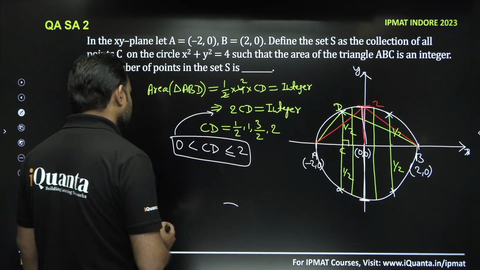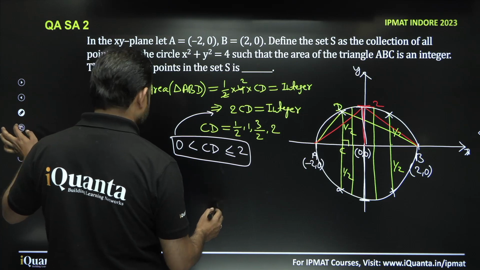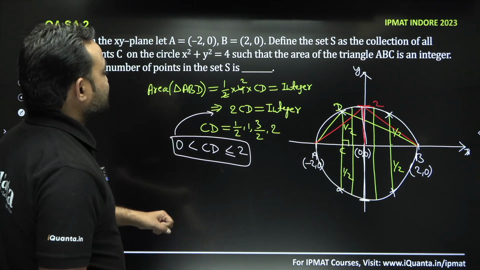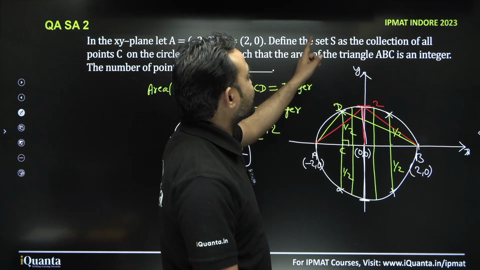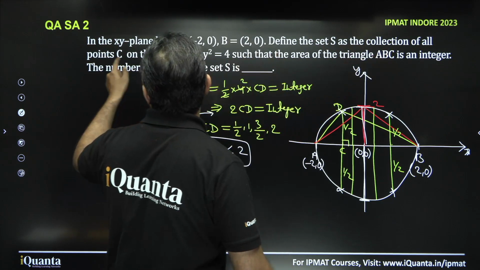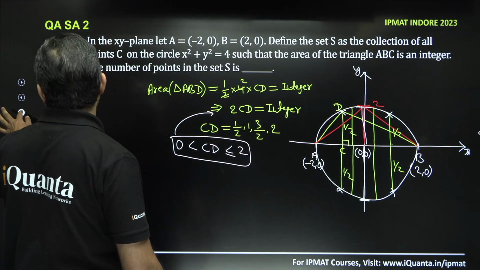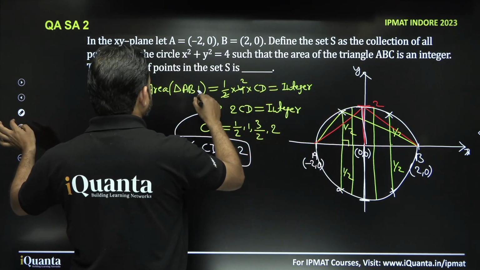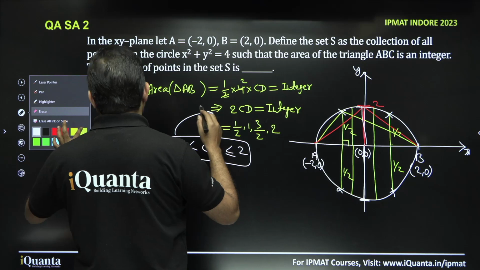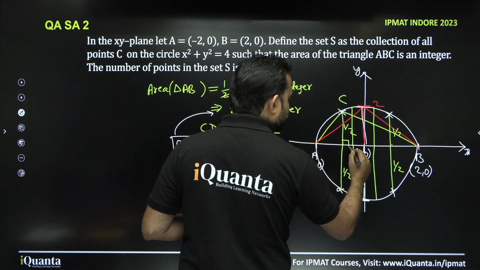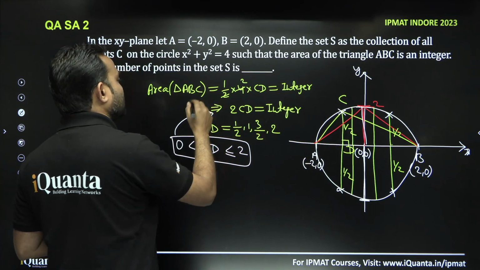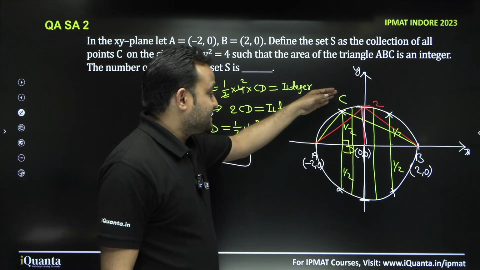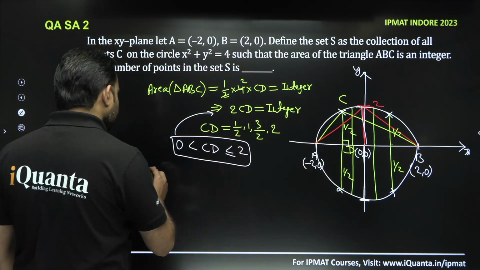So the question is: how many distinct points are in the set S? It says define the set S as the collection of all the points C. Okay, all the points C. So यहाँ पे ये point C है. This point is C, and we should take this point as D. So the area of triangle ABC, so the collection of points C. तो C के लिए कितनी वैल्यूज हो सकती हैं?